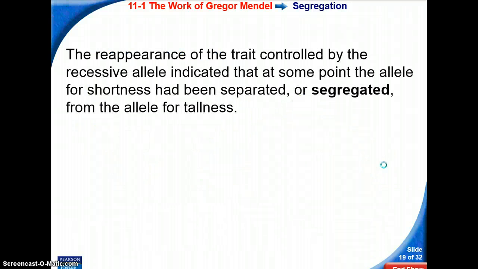And what he figured out was that the reappearance of the trait controlled by that recessive allele indicated that at some point the allele for shortness had been separated, or segregated, from the allele for tallness. So they did not always travel together. He figured out that at some point they get segregated from each other.